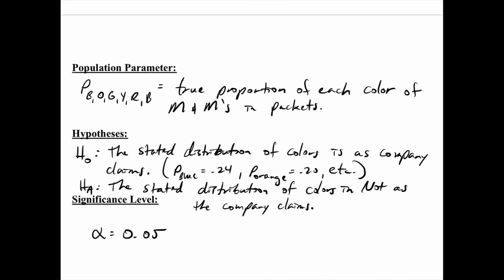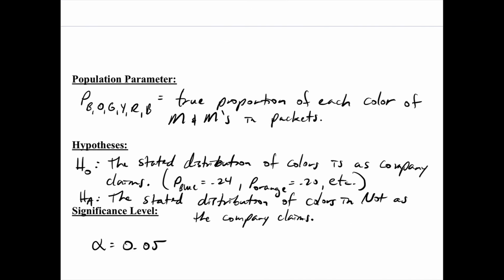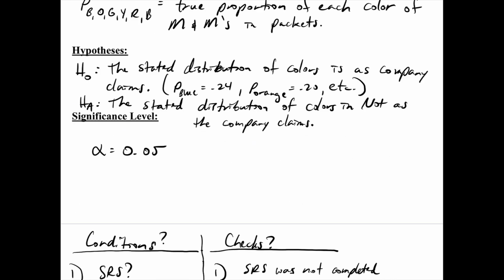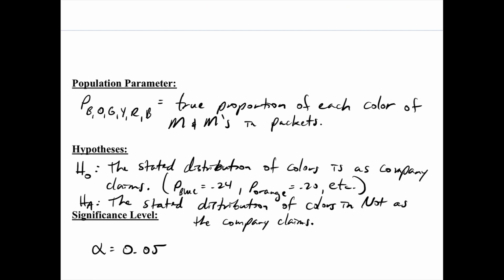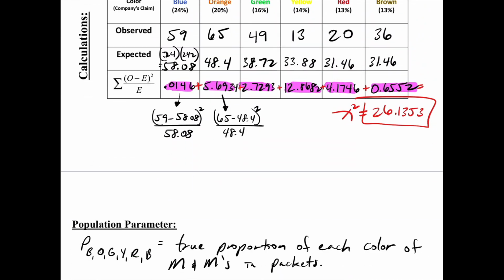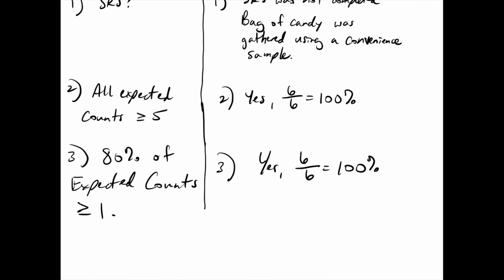Okay, so we've done population parameter, hypotheses, significance level. We did conditions. So 1, 2, 3, 4. We did calculations. We're missing a couple. First one we're missing is test statistic. We're kind of going backwards on the first question just because it was easier to do it that way.